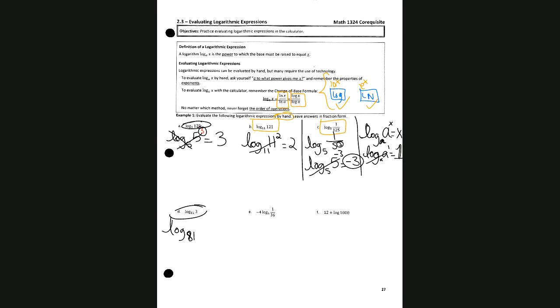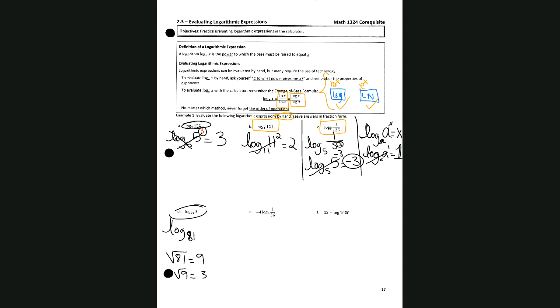If we calculate the square root of 81, that is equal to 9. And then the square root of 9 is equal to 3.